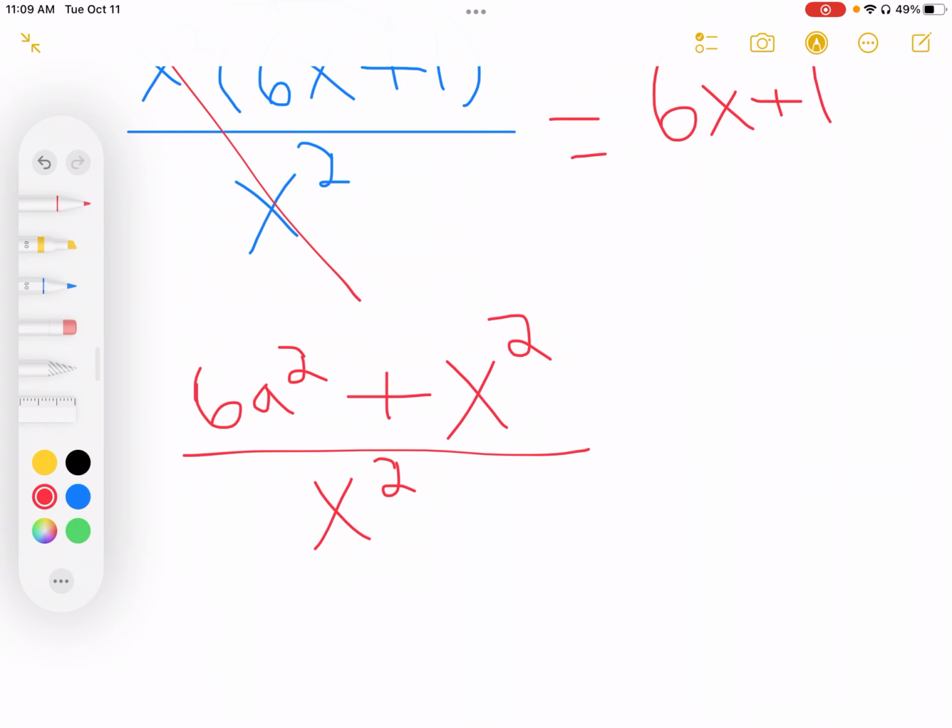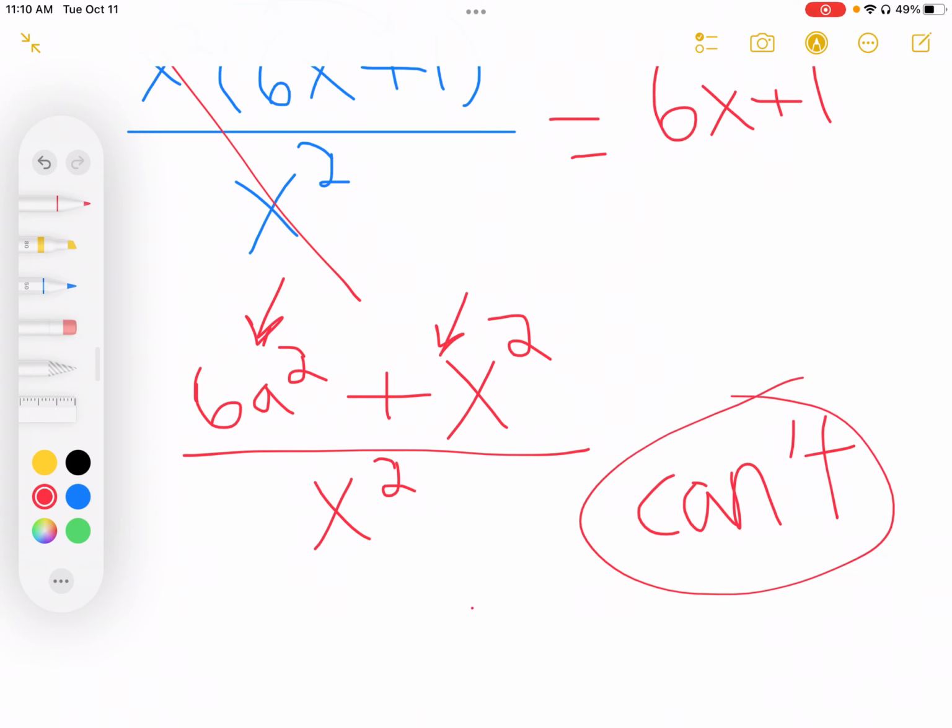You might be tempted to say, oh, they're both squared. Well, a squared, a is not the same as x. So this one, I can't do any cancellation. They said to cancel, but I can't. So you just say not possible, or NA, because I can't do that.